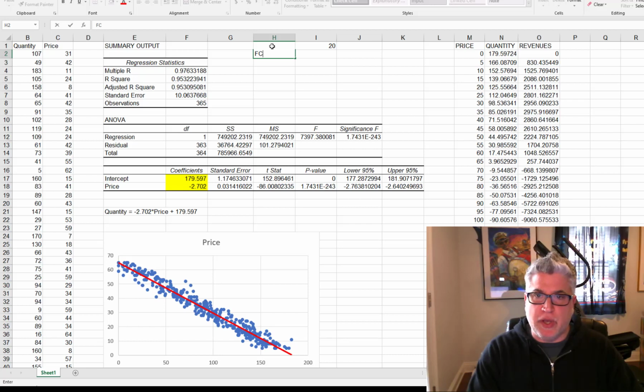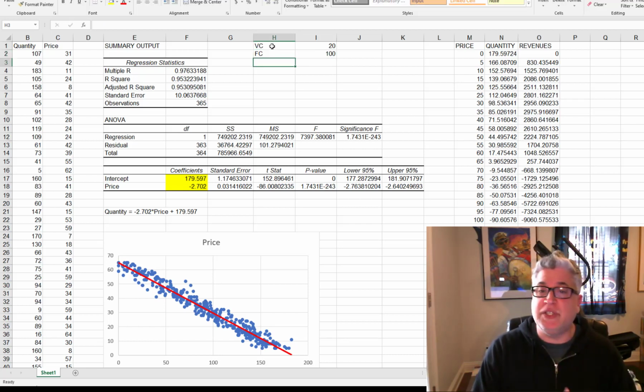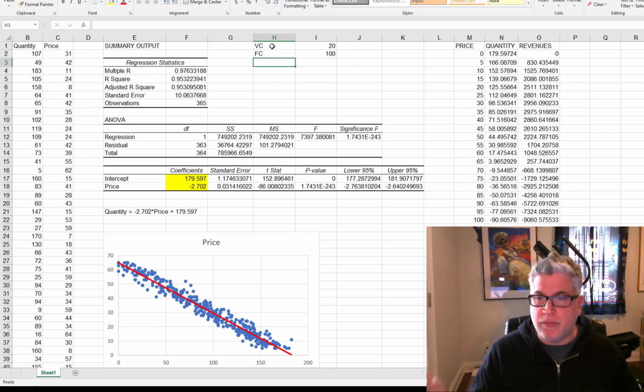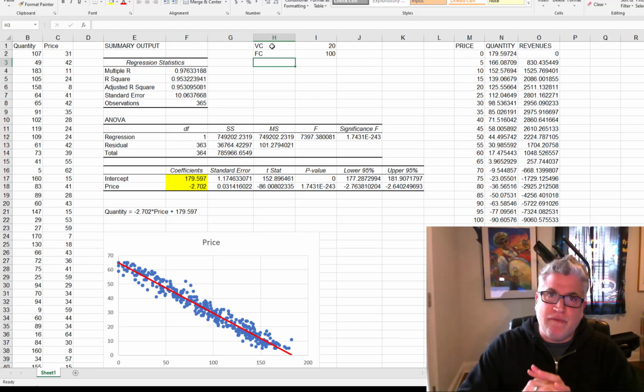And let's also suppose that we somehow know that no matter how many widgets we produce, there are some costs that we just can't avoid. Like even if we don't produce anything, we still have to pay rent. So let's say that the fixed cost is going to be $100 per day. Cheap rent. Well, then again, it's per day. But let's just say somehow fixed costs are 100.